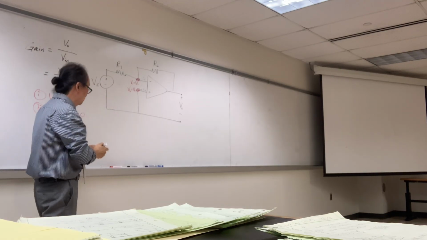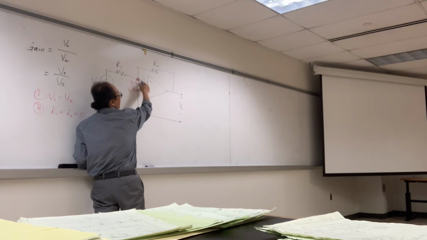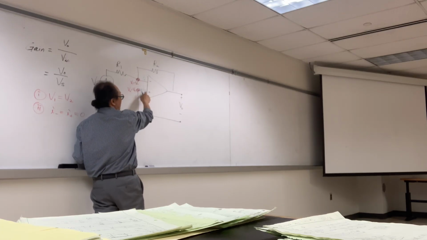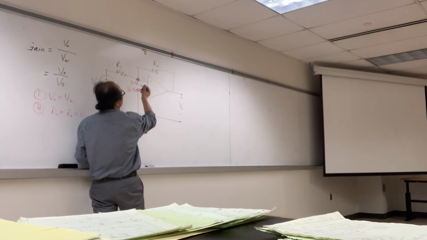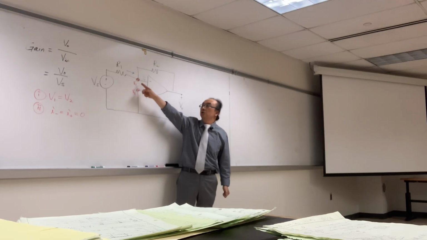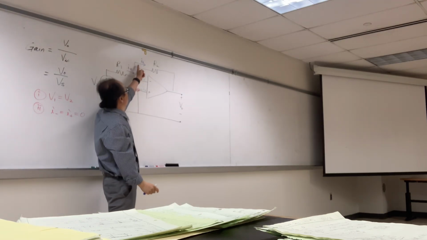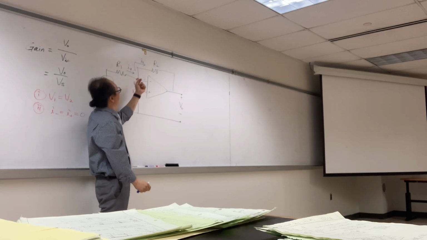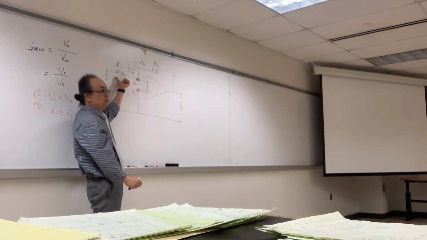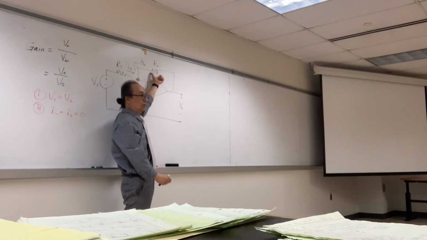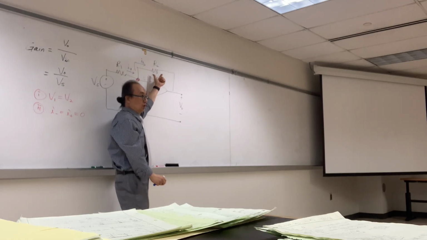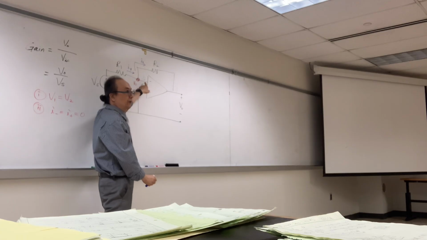They are equal to 0. There is no current going into the negative terminal and no current going into the positive terminal. That means the current going into the V1 node, this I1, should be the same as this I1. The current through R1 is the same as the current through R2. Make sense? Because there's no current going in.